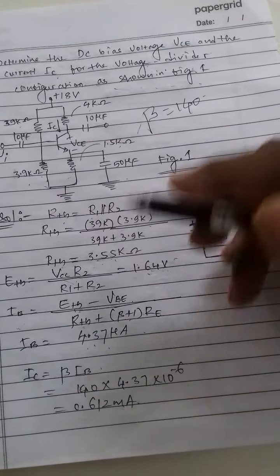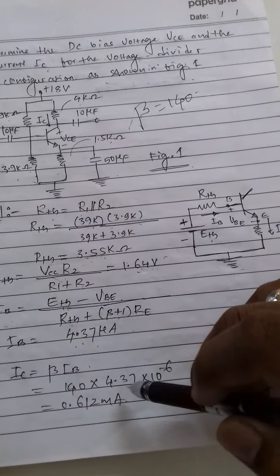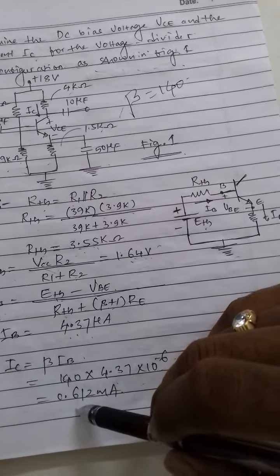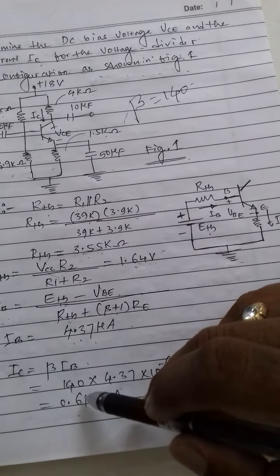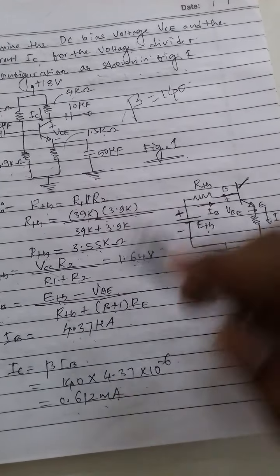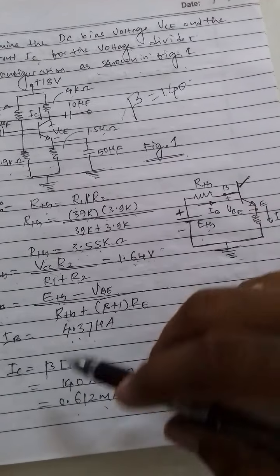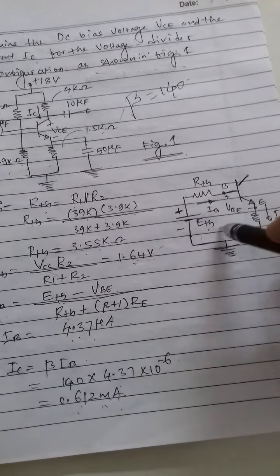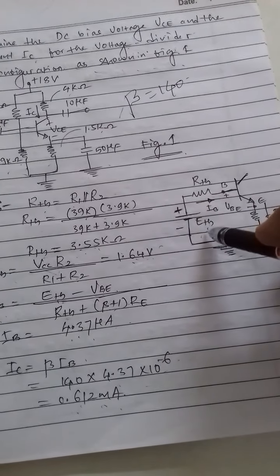Here IC is equal to beta IB. Beta is 140 into IB, which is 4.37 into 10 raised to minus 6. From that the collector current IC is equal to 0.612 milliamperes.